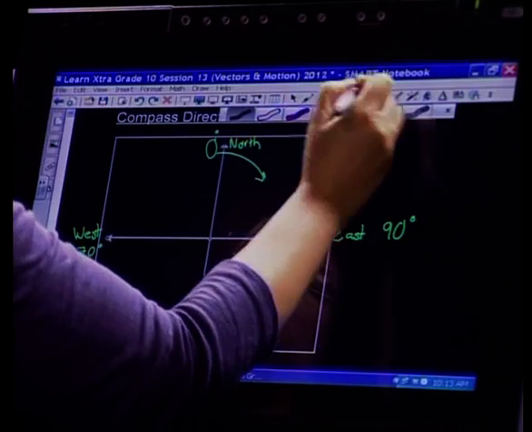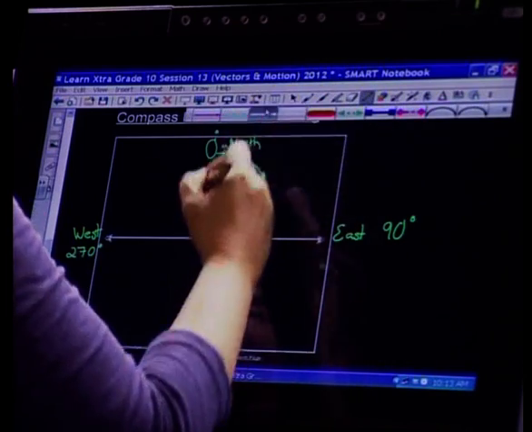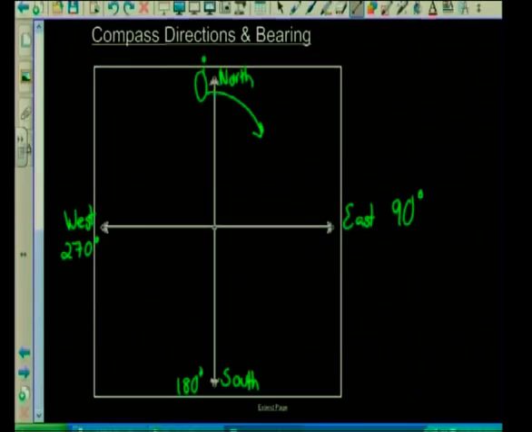And they will say to you, for example, that Johnny walks 3 kilometers at a bearing of 40 degrees. Well, if I had to draw that in, we would measure 40 degrees and it would probably be around there. This is 40 degrees and I think I said 2 kilometers, I can't remember. He goes 2 kilometers at a bearing of 40 degrees.